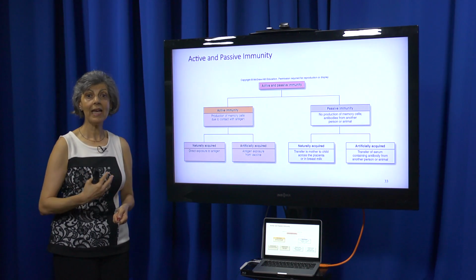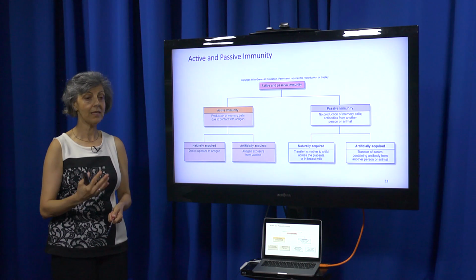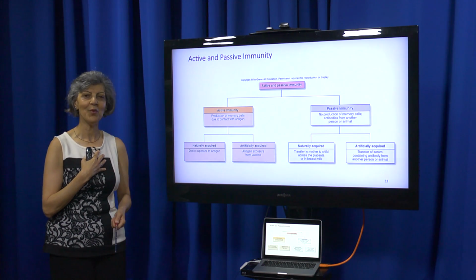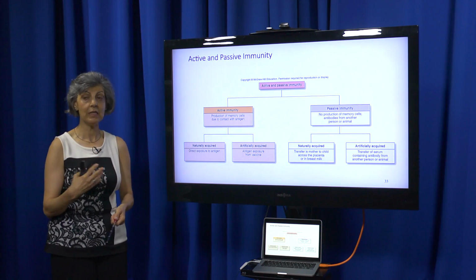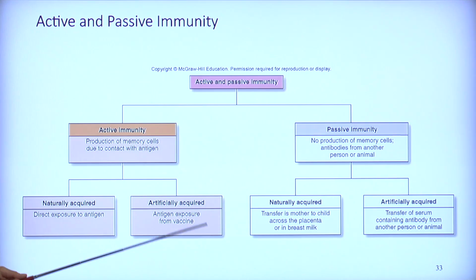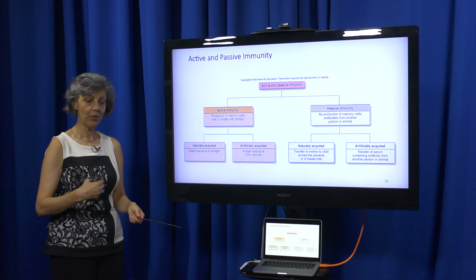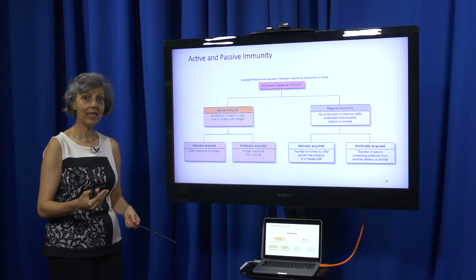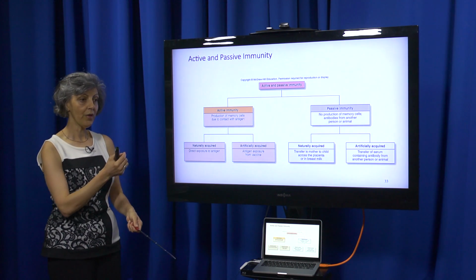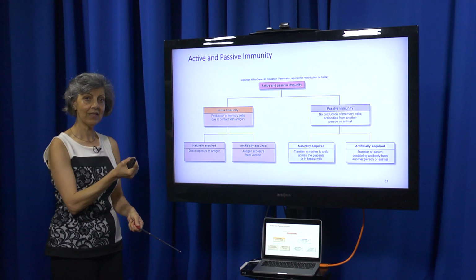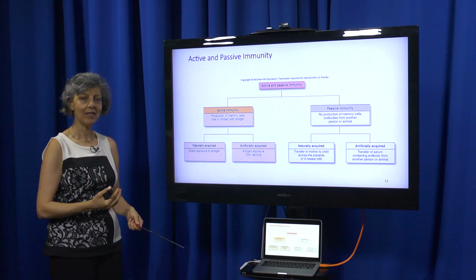I'm going to make antibodies against the measles and I am going to be immune against the measles. So this is natural. Artificial is by means of vaccination. When we want people to get immunity against certain diseases, we will inject a vaccine and activate their system.